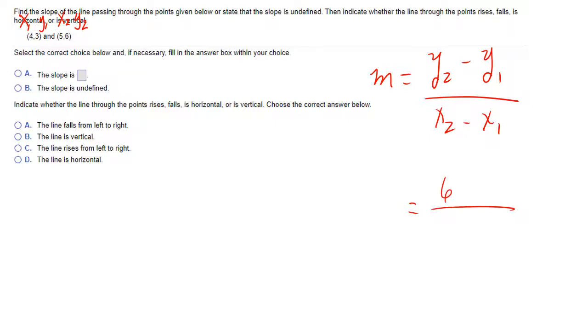The 6 and the 3 are the two y values, and I subtract those. The 5 and the 4 are the two x values, and I subtract those. When I work this out, I will get 3 over 1, which is simply 3. So the slope is 3. Since this slope is positive, it rises from left to right. Had it been negative, the line would have been falling.